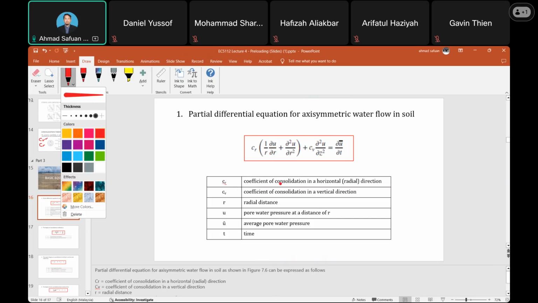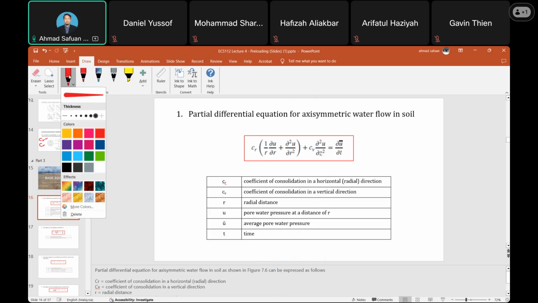CR is the coefficient of consolidation in the horizontal direction. Then we have CV, the coefficient of consolidation in the vertical direction. R is the radial distance. U is the pore water pressure at the distance of R. Then this is the average pore water pressure.